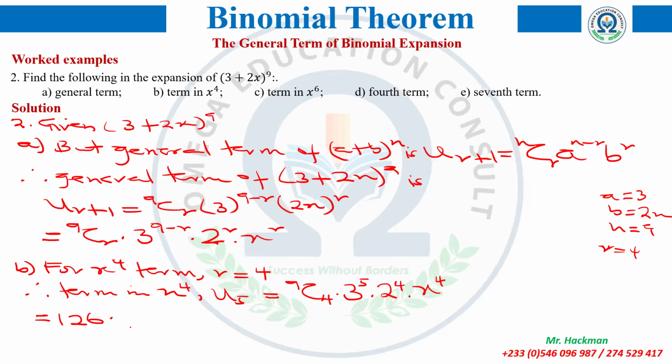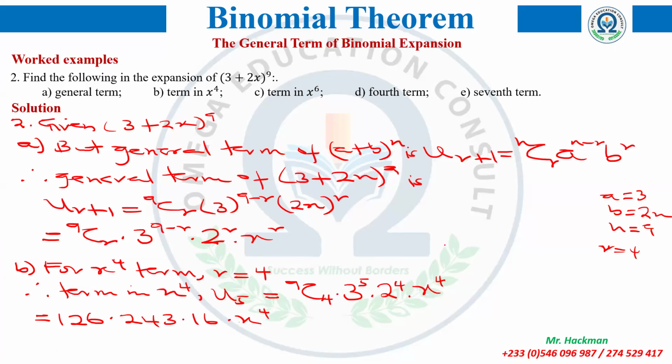Times 3 to the power 5, which is 243. Then times 2 to the power 4, which is 16. Then times your X to the power 4. Is that not it?